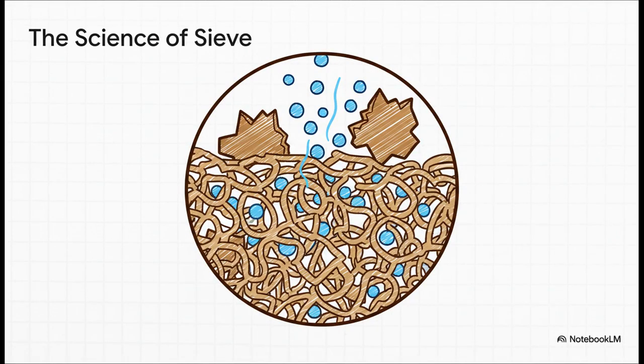It is packed with thousands and thousands of tiny little holes, or pores, that are completely invisible to us. Now, water molecules are incredibly small, so they can just zip right through those holes, no problem at all. But the grains of sand, they are gigantic in comparison. There's just no way they can fit through. It's the exact same idea as the stones and the sieve, just on a much, much smaller scale.